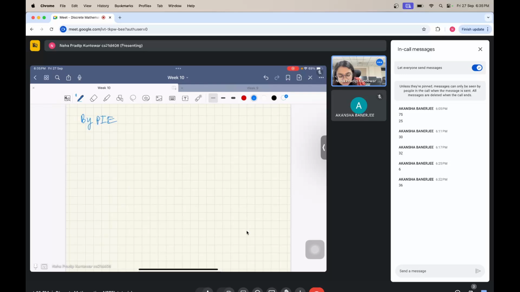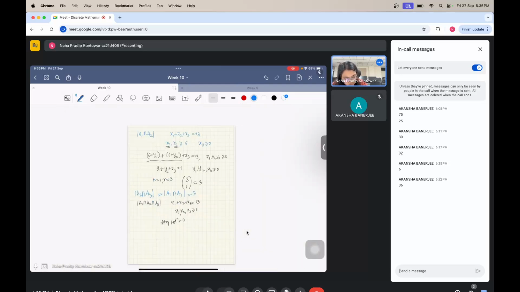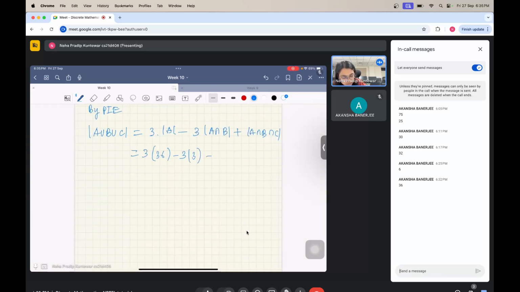We know that the size of A union B union C is same as 3 times size of A minus 3 times size of A intersection B, plus size of A intersection B intersection C. And this is 3 times 36 minus 3 times 3 plus 0, and this is nothing but 3 into 33, which is 99.